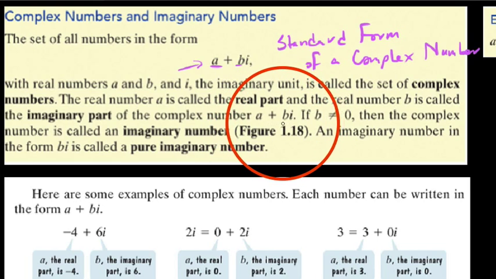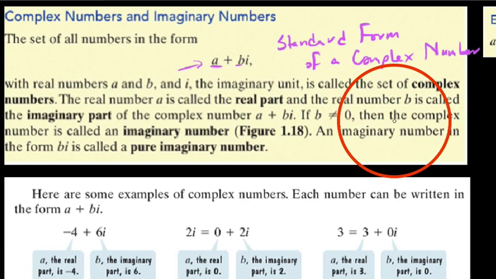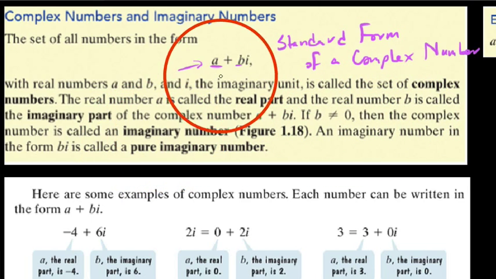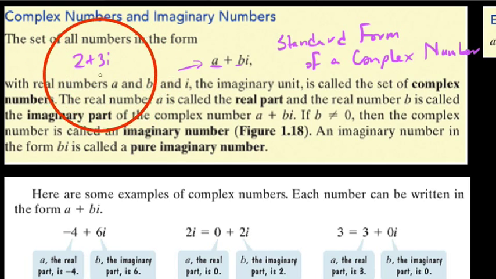So we say a plus bi is our complex number where we have a real part combined with an imaginary part. So we say if b does not equal 0, then the complex number is called an imaginary number. So they leave the door open for calling this one an imaginary number as well, as long as b doesn't equal 0.